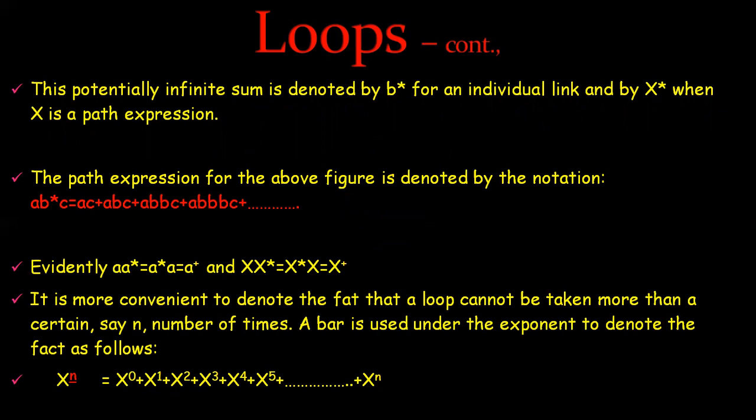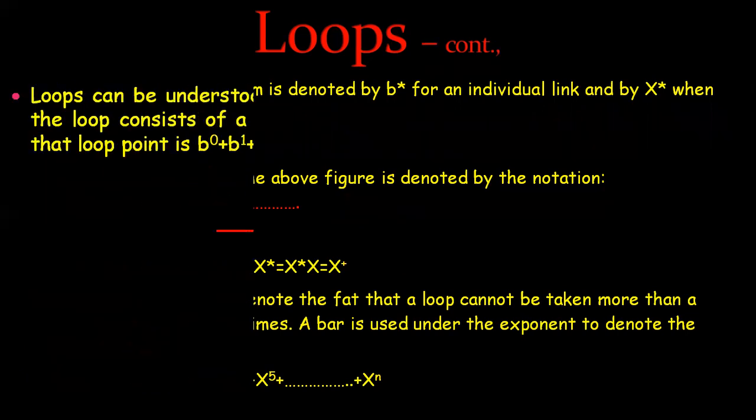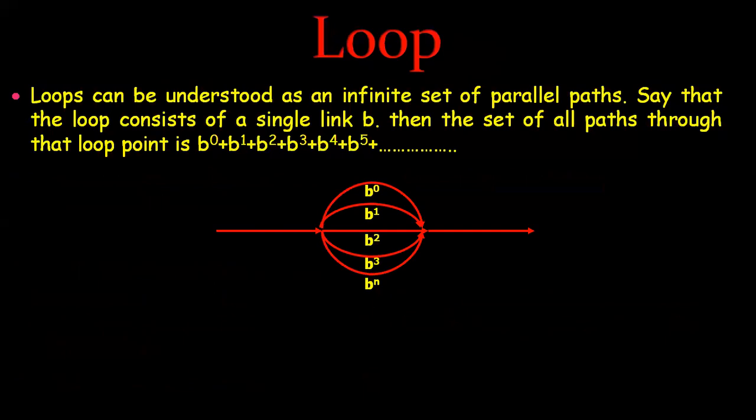So the potentially infinite sum is denoted by B star for an individual link and by X star when X is a path expression.